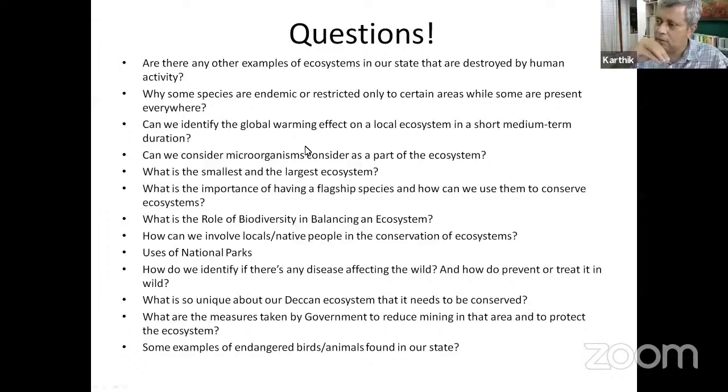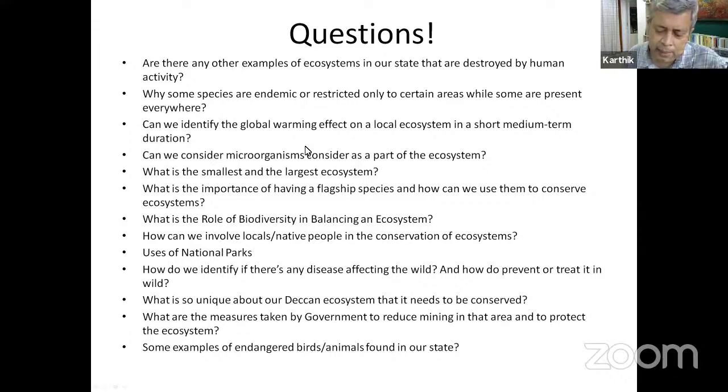And the bioaccumulation starts from primary producers, to primary consumers, to secondary consumers, and then to tertiary consumers. So at every stage, a certain amount of toxins, poisons, in fact, get amplified when we consume the different trophic level animals.